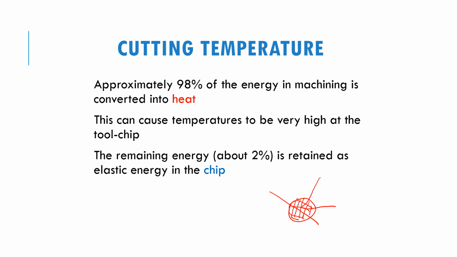The remaining 2% of energy is retained as elastic energy in the chip. So the chip coming out from the machining also carries heat. Now you know why after the machining process we cannot touch the chip directly, because there is still remaining temperature inside the chip.